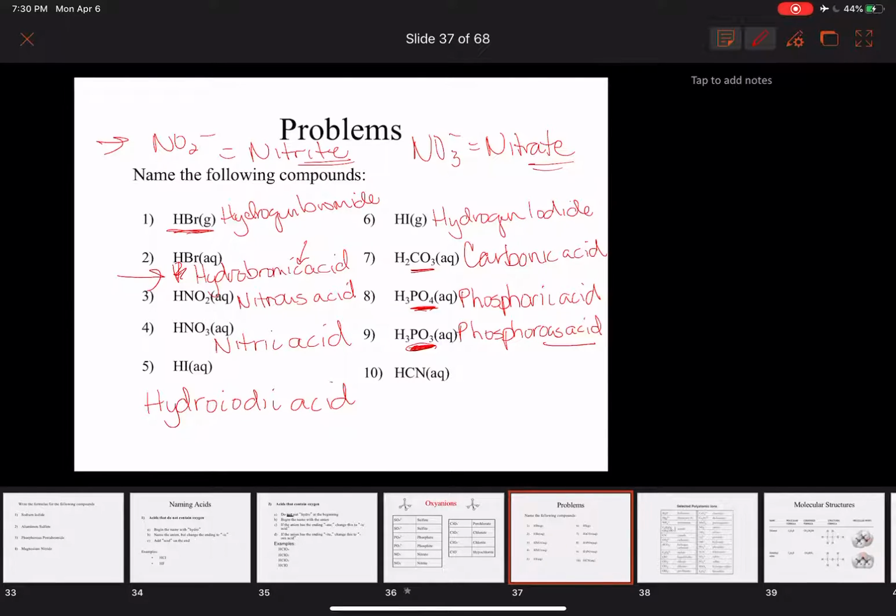And if you don't have any oxygens, you don't start with hydro. So let's identify the anion. And the anion is CN. So that's a polyatomic ion. There's more than one atom there making up that ion. So the thing is, we have to identify which one it is.